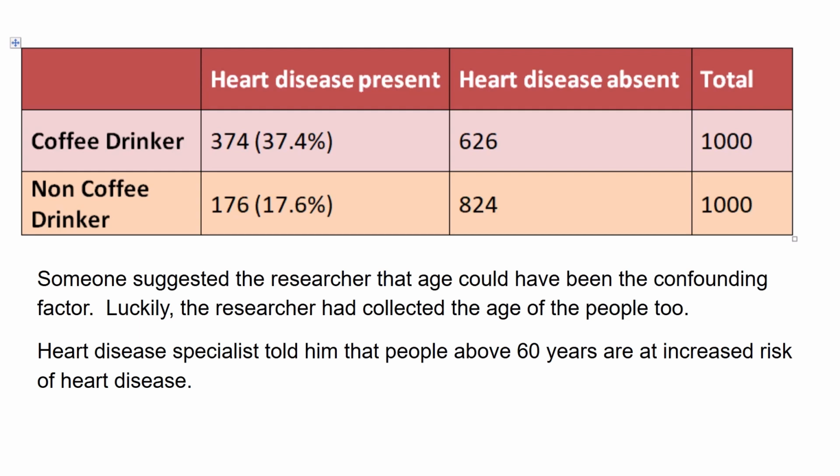Someone suggested to the researcher that age could have been the confounding factor. Luckily, the researcher had collected the age of the people too. Heart disease specialists told him that people above 60 years are at increased risk of heart disease.